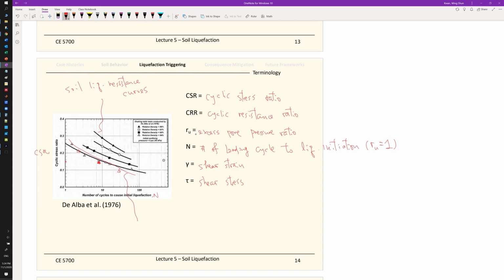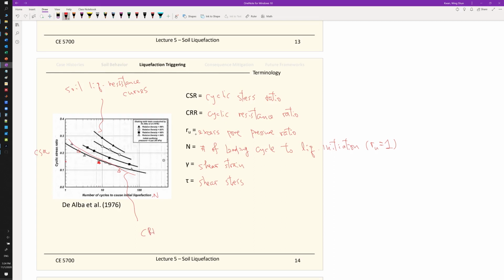So the equation for this capacity curve is CRR. In this case, the cyclic stress ratio corresponds to the soil's resistance to liquefaction.